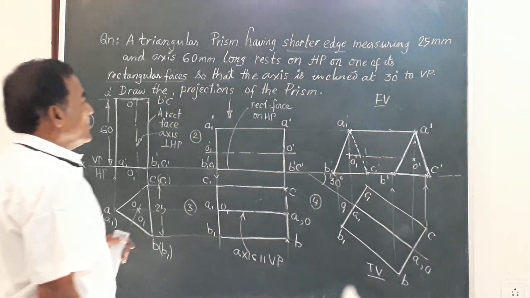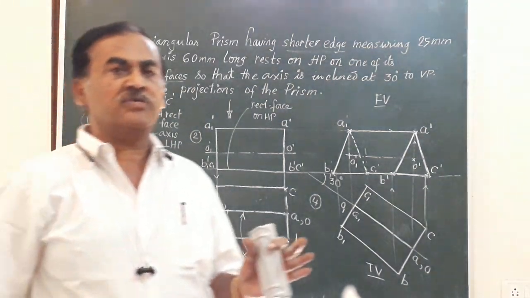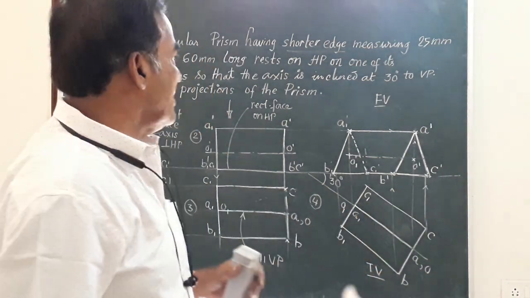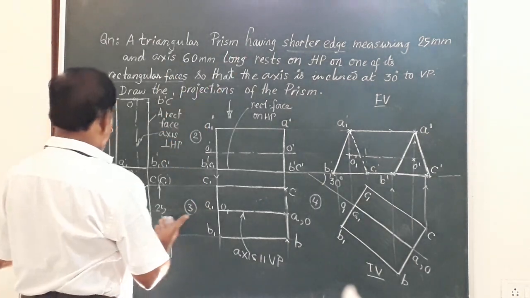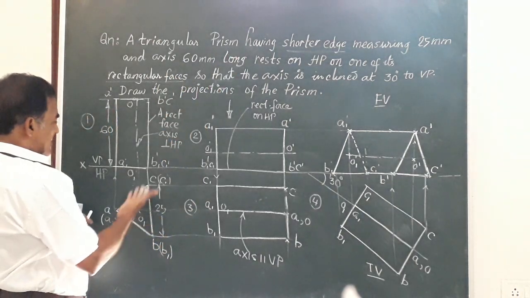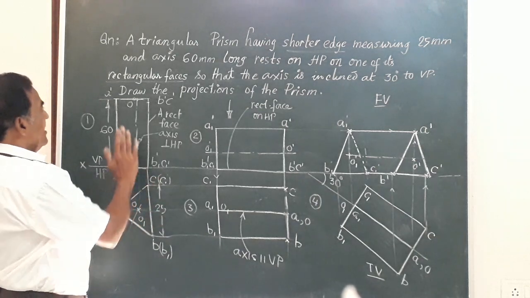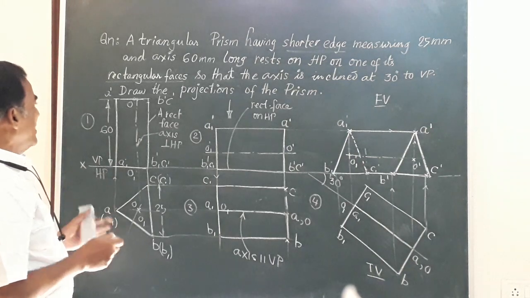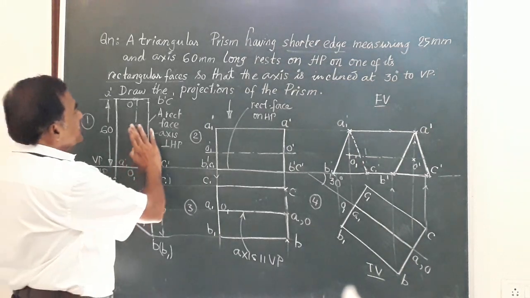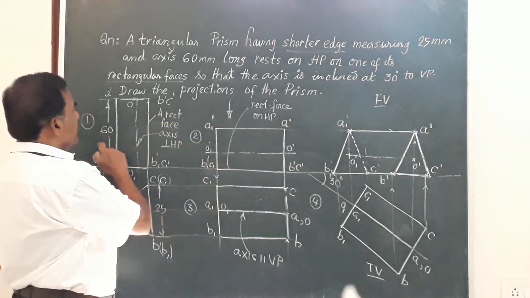And now, how to confirm whether the solution you have got is correct or not? It is very simple. First of all, it's a triangular prism, with top face a triangle and front view a rectangle, which we marked as figure number 1. And then it has to rest on a rectangular face in figure number 1.